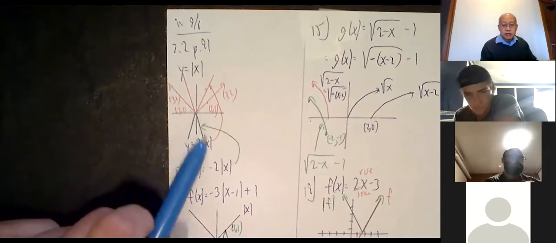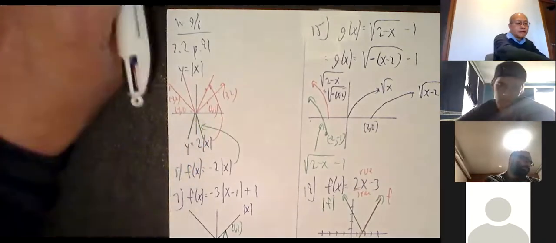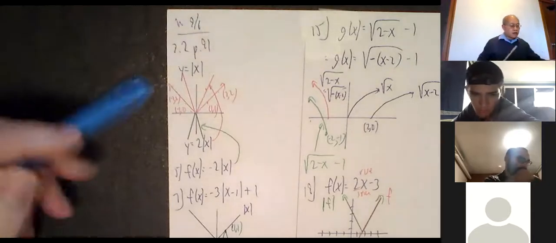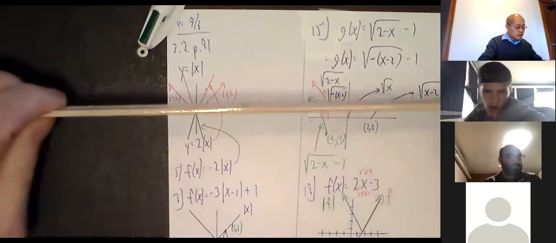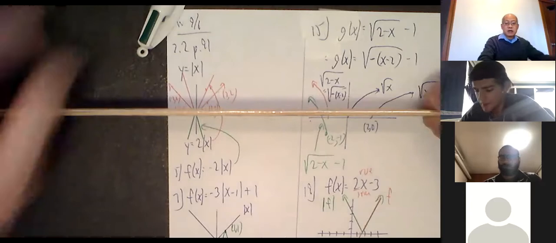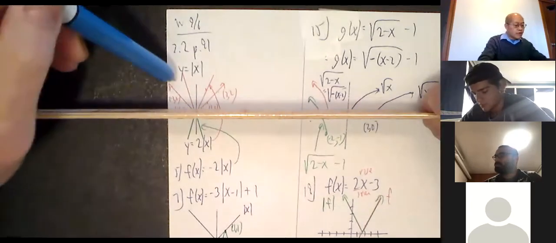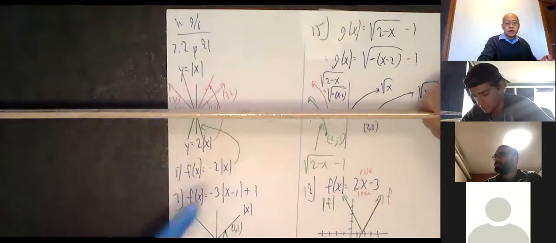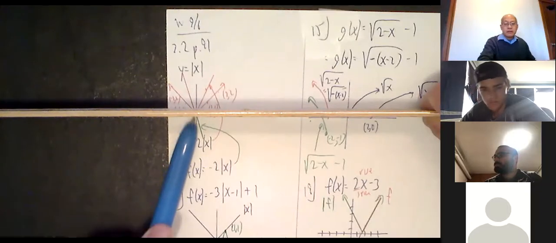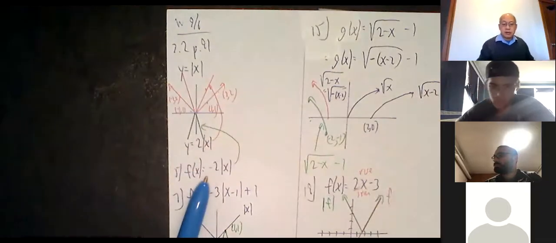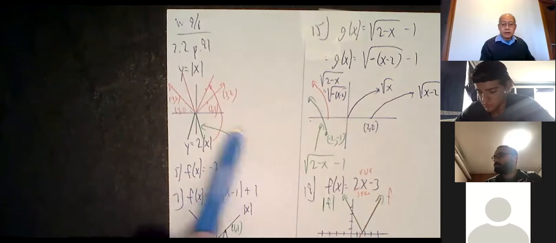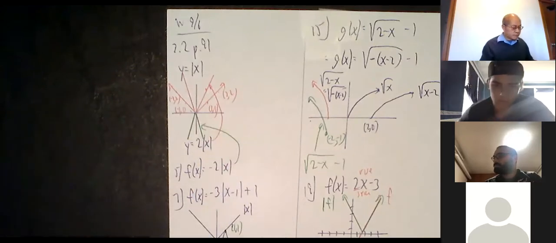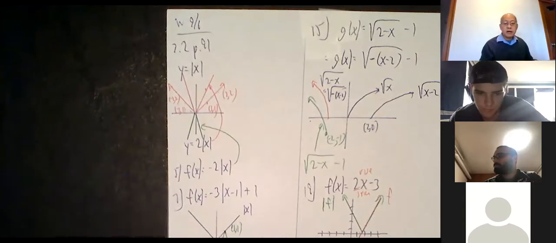This green one that goes down, it's a reflection of this one across the x-axis. So 2|x| is this one. -2|x| is that one. And that's what I'm trying to write all the way down here. So that's what I was indicating by that arrow.